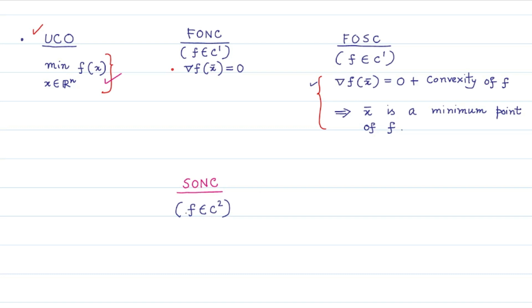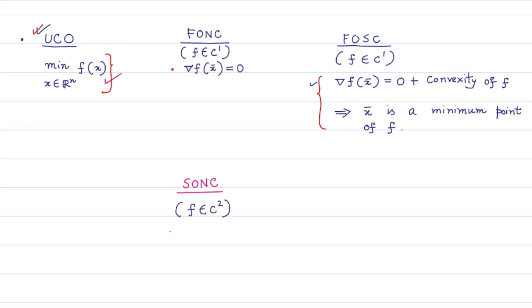So provided f is twice continuously differentiable, a second order necessary optimality condition for this unconstrained optimization problem, as we are all aware of by now, is that if x bar is a minimum point of the objective function f, then the point x bar must be a stationary point plus the Hessian of the objective function at the point x bar is positive semi-definite.